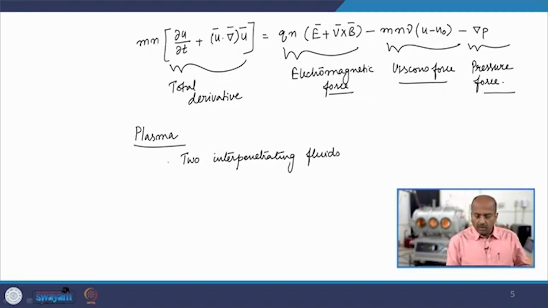For simplicity, we will consider the plasma to be fully ionized, and that means that there are only electrons and ions and no neutral species are present.